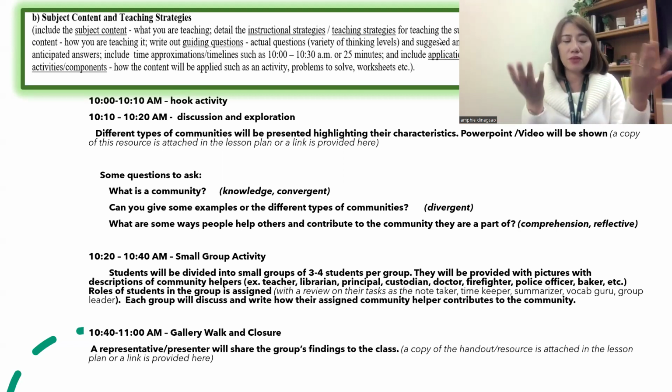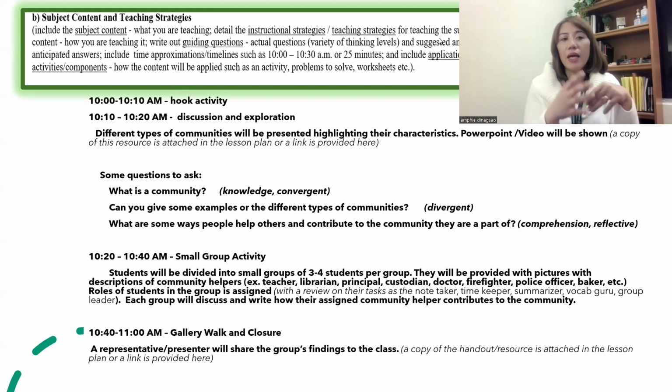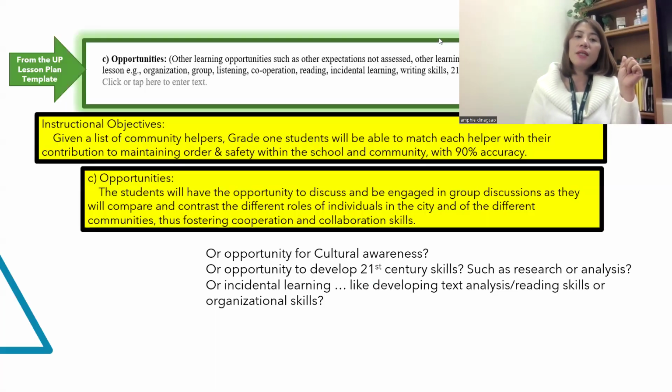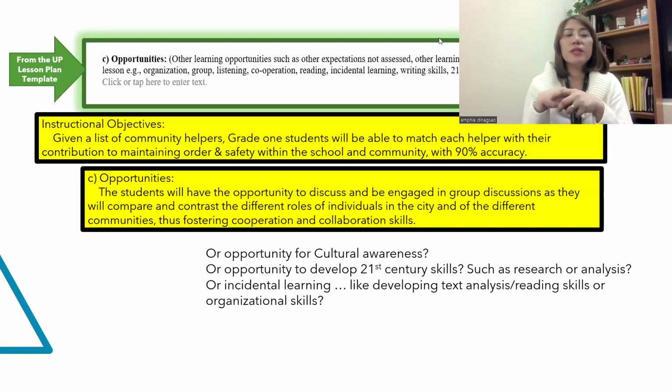Let's say, for example, considering the instructional objective that I shared with you, what was our instructional objective again? We said that the instructional objective is, given a list of community helpers. So the topic is about community helpers, and that is aligned to recognizing the people in the school as well as in the classroom.